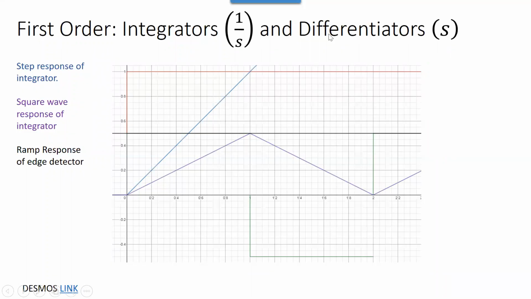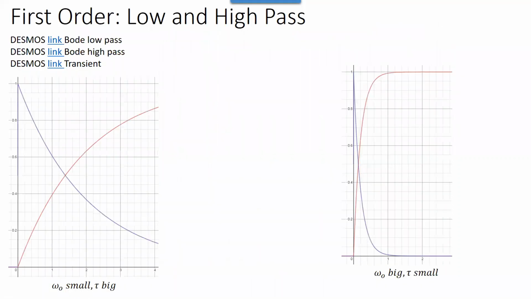And then a differentiator is taking the derivative of that. That's this line here, which is just S. When you take the inverse Laplace of that, you're just taking the derivative. Here, when you take the inverse Laplace of that, you're just taking the integral. I do have these links to Desmos for you to look at.